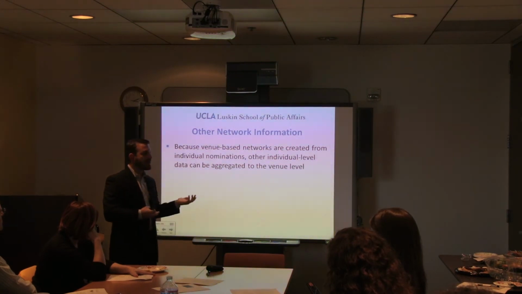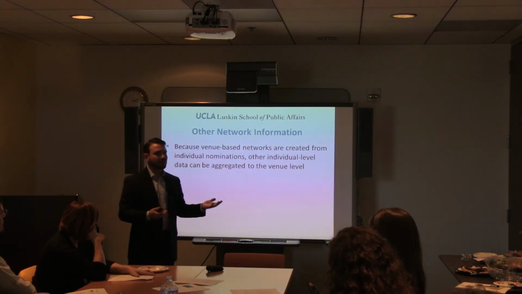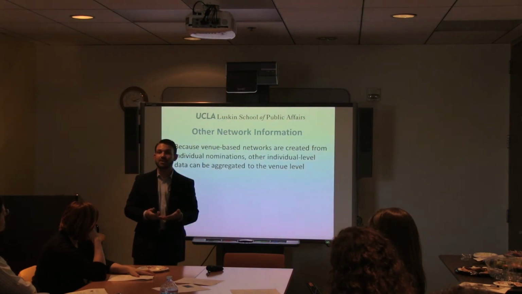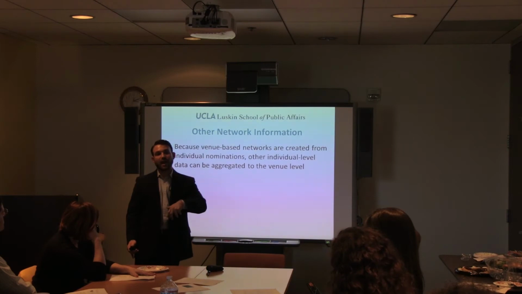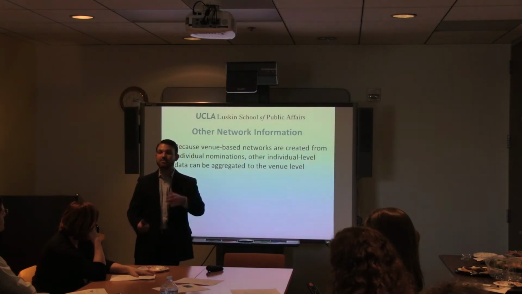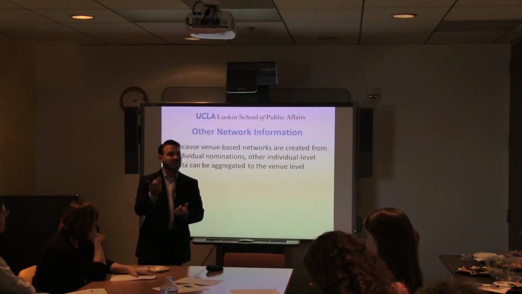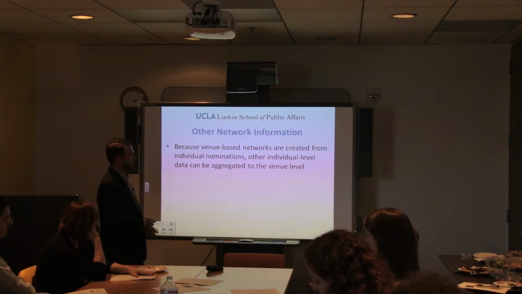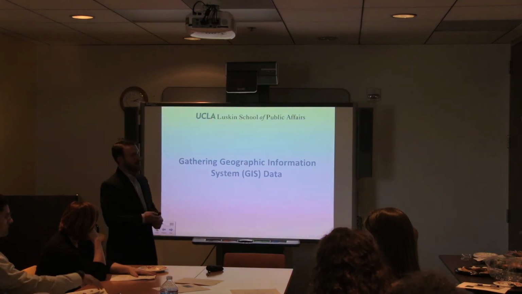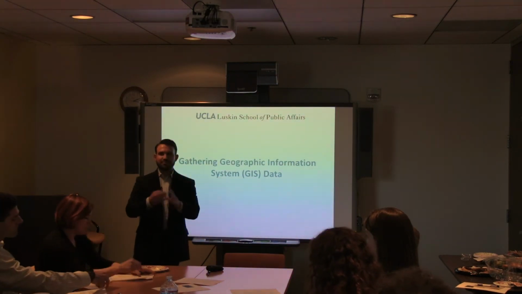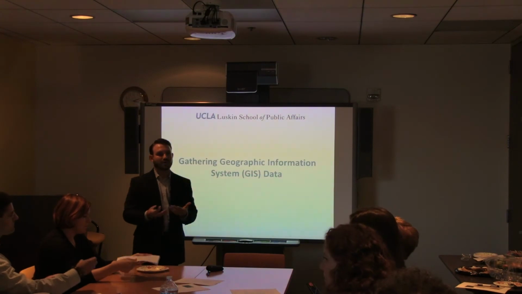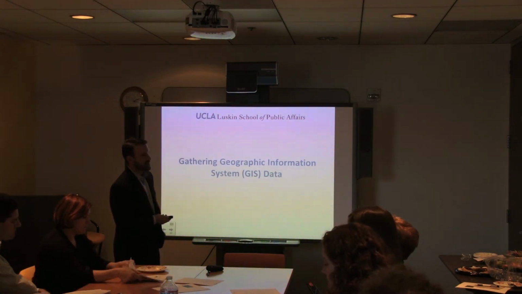In the case example, in addition to asking a venue name generator question of our study participants, we also asked a lot of information about their substance use and their HIV risk behavior, and you can calculate means or percentages based on the total number of participants who nominate a particular venue. That can be useful in targeting prevention as well. I think this primer will become much more clear when we get to the actual case example.